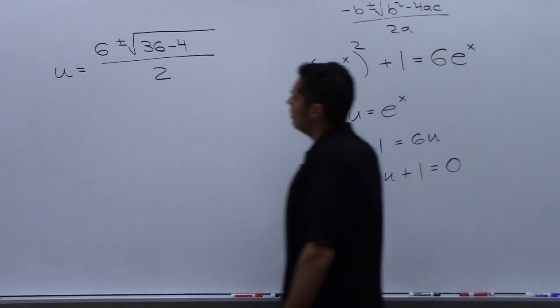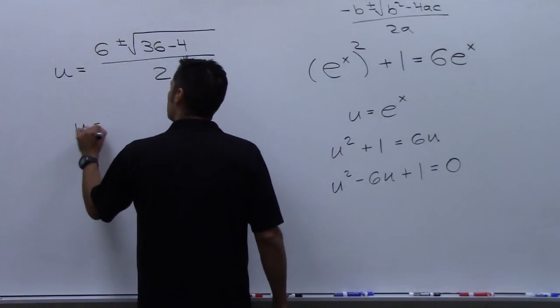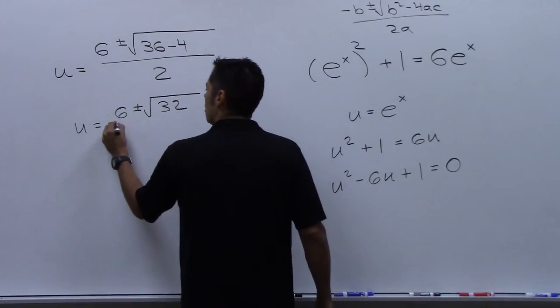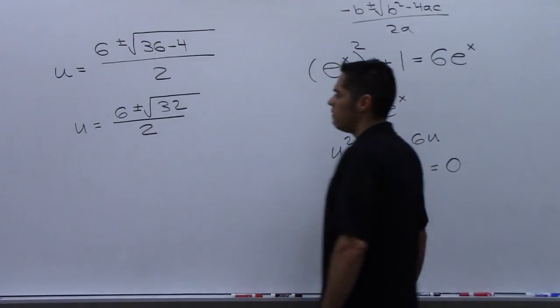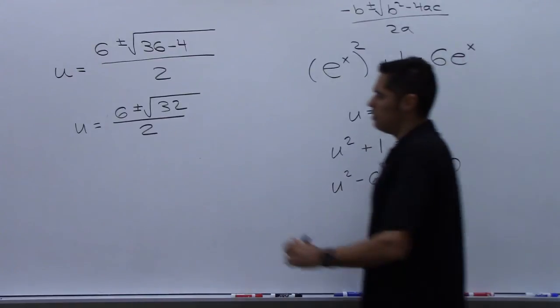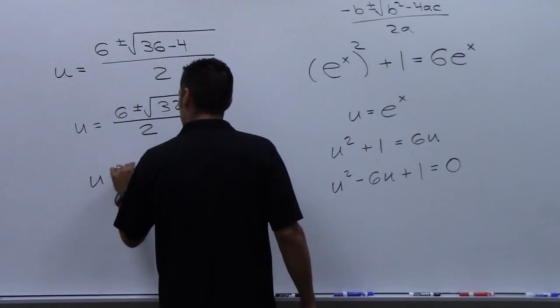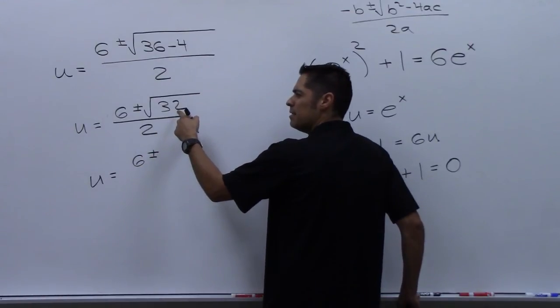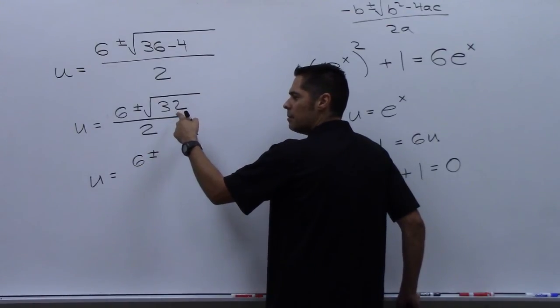After this. Okay, so this is u equals 6 plus or minus the square root of 32 over 2. You can take out 4 out of that. 4 times 8, so how about 16 times 2?